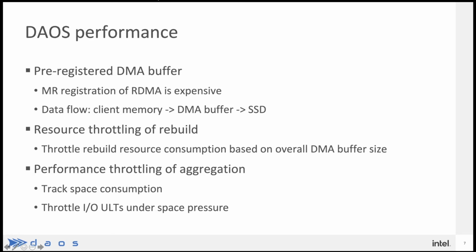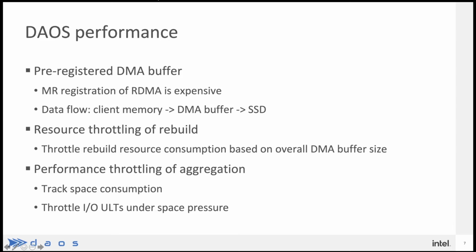We also set a threshold for the DMA buffer size consumed by the rebuild system. The background rebuild system will not consume all the buffers for data reconstruction, and the I/O service can still handle regular I/O from clients when rebuild is running. The aggregation service can migrate data from SCM to SSD and merge data extents on SSD to reduce fragmentation.